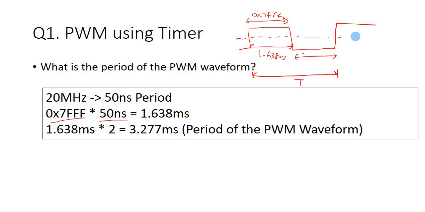So if your logical 1 is currently, let's say, 5 volts, then this will always be 2.5 volts, regardless of whether it's high frequency or low frequency PWM. If the duty cycle is 50%, the average voltage that the device will see at the output pin is always 2.5 volts, or 50% of the logical 1 value.